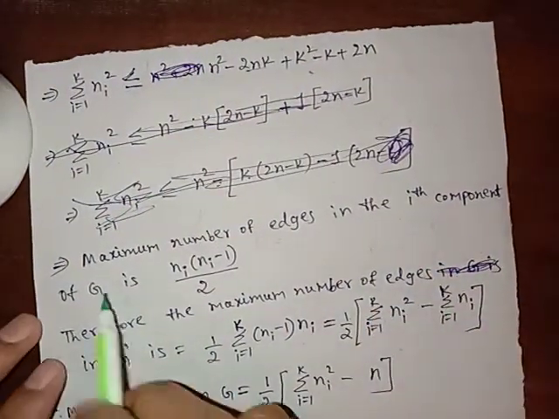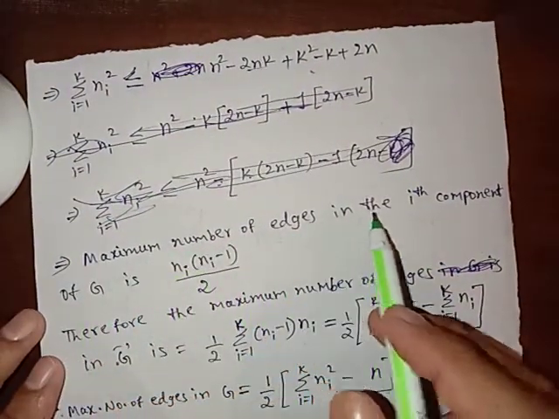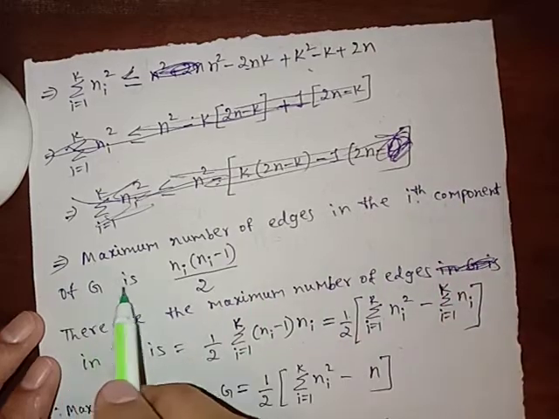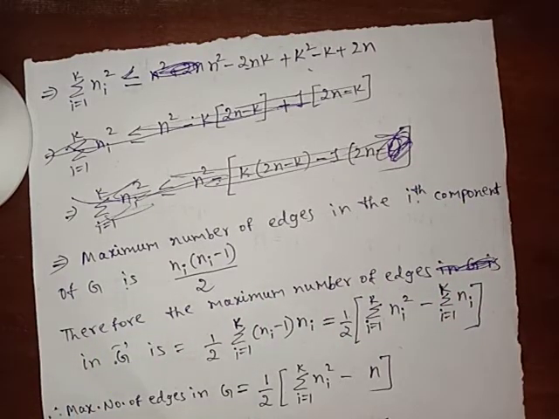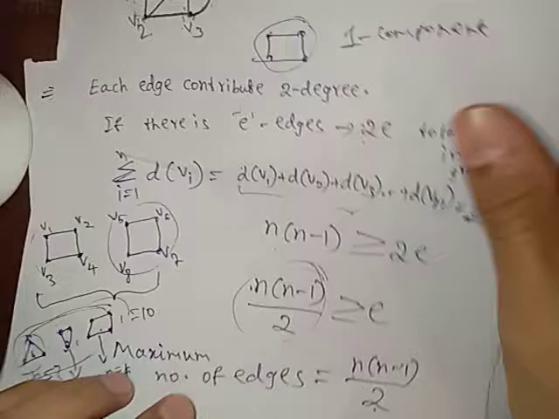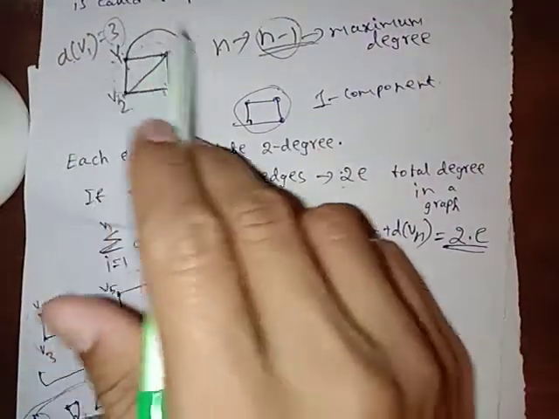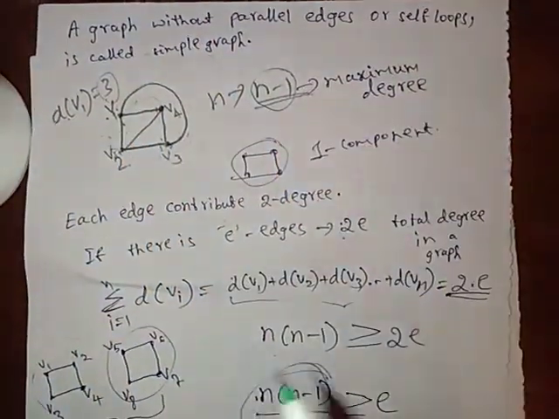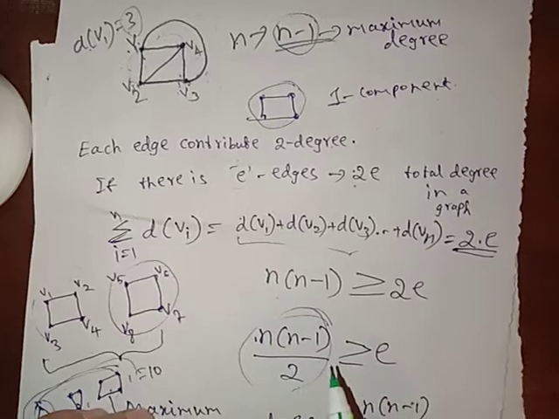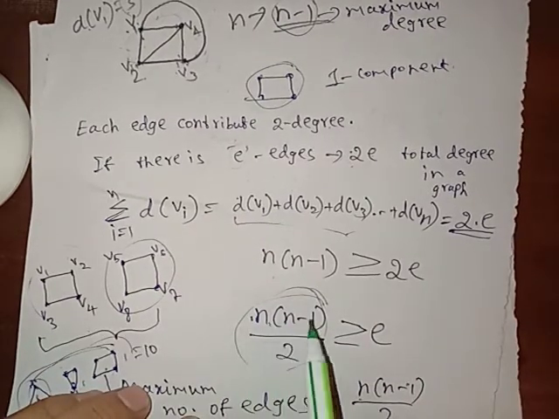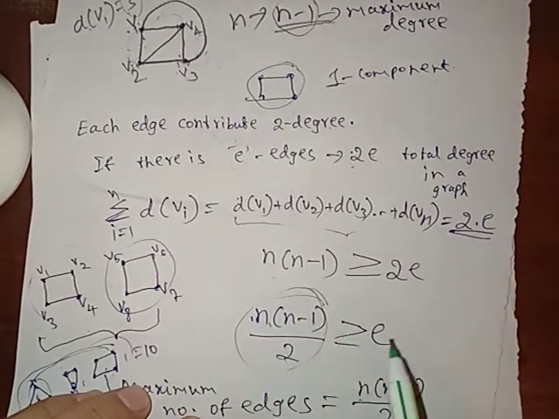Now, what is the maximum number of edges in the ith component of G? Here, if there are n vertices in a simple graph, the maximum number of edges is n into n minus 1 divided by 2.